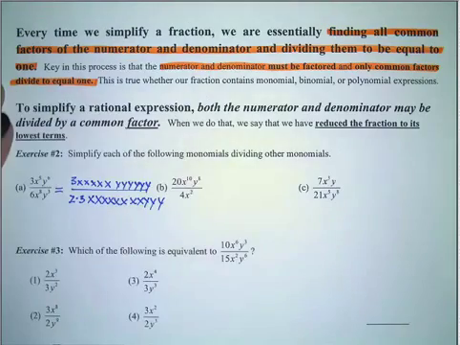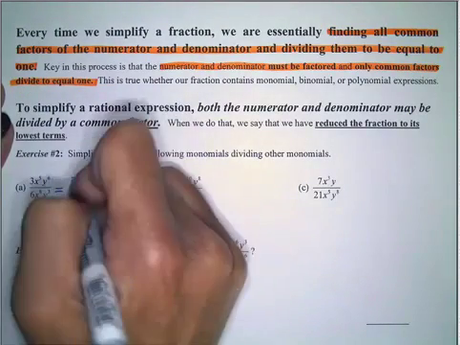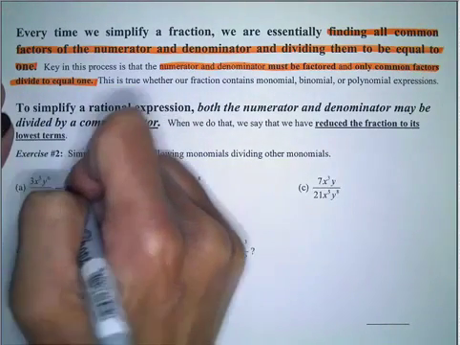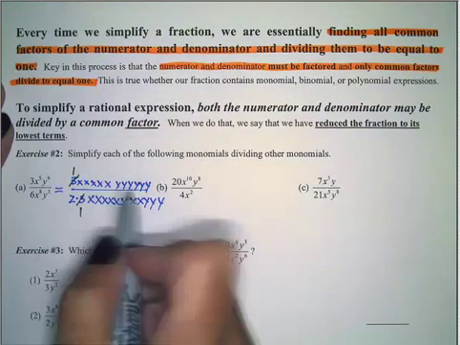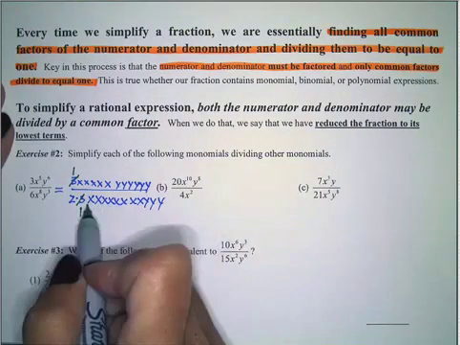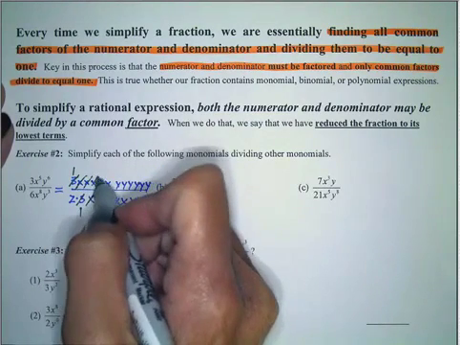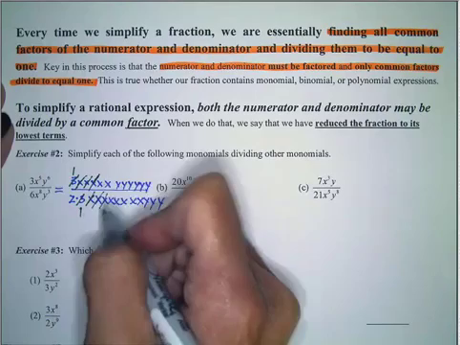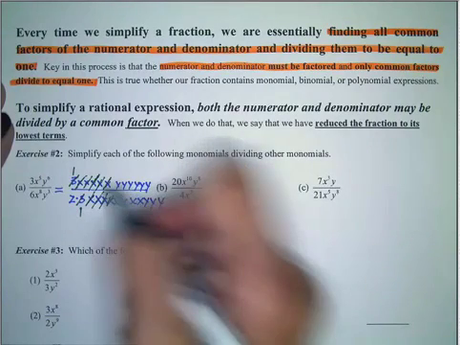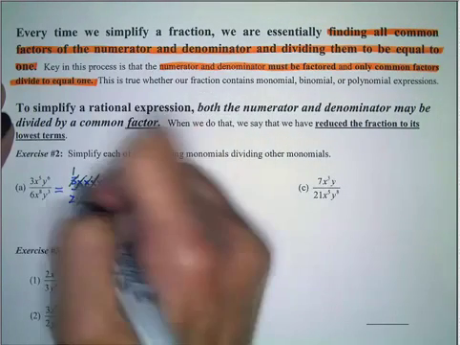Now I can divide to equal 1. So 3 divided by 3 is 1. 5 of those x's divide by 1 to 5 of those x's on the bottom. 1, 2, 3, 4, 5. So those are all 1s.